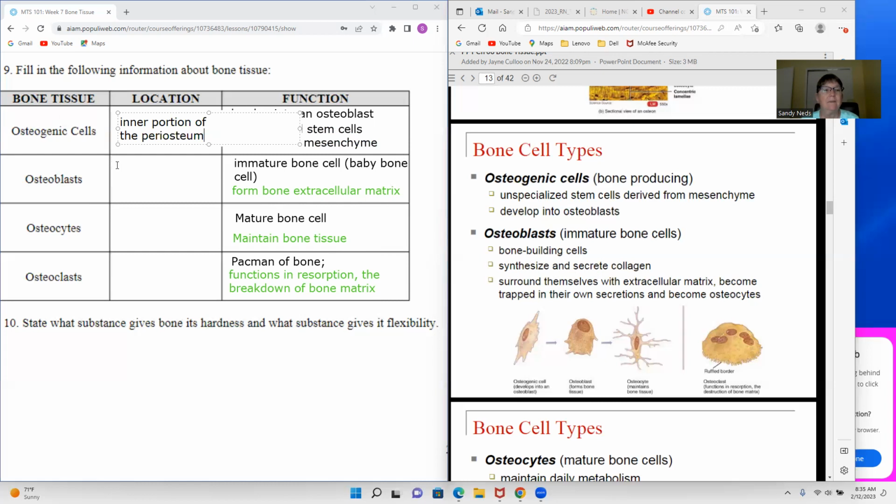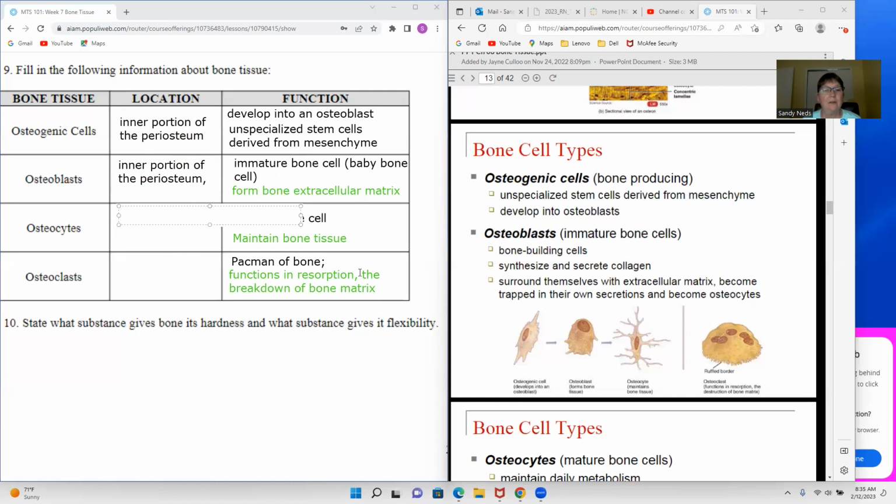So again, this is the osteoblasts. They haven't moved, still in the inner portion of the periosteum. All right, that takes us to osteocytes.